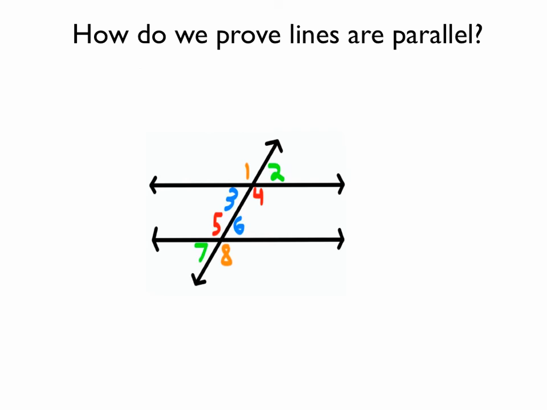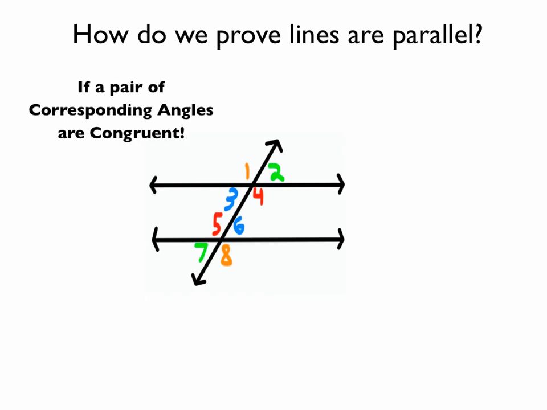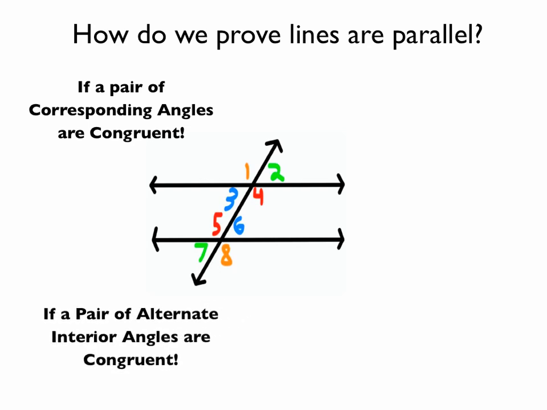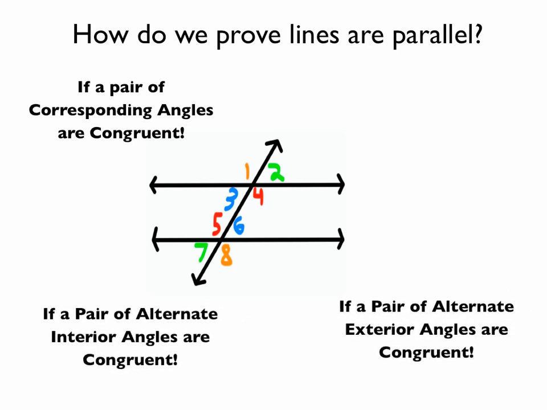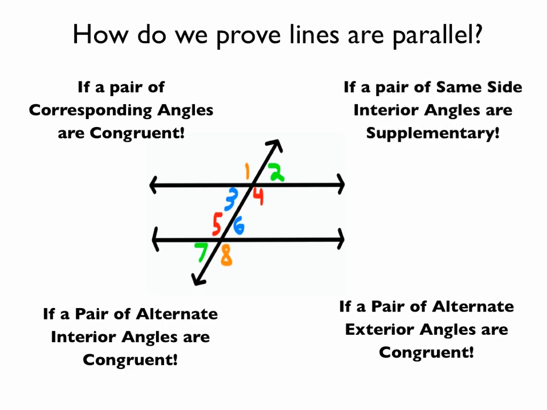Finally, how do we prove that lines are parallel if we're given information about angles? If we know that corresponding angles are congruent, then the lines are parallel. Same thing with alternate interior and alternate exterior angles. And finally, if we know that same side interior angles are supplementary, then the lines are parallel.